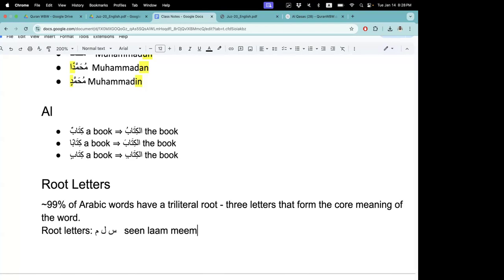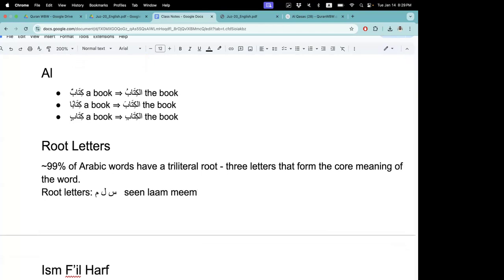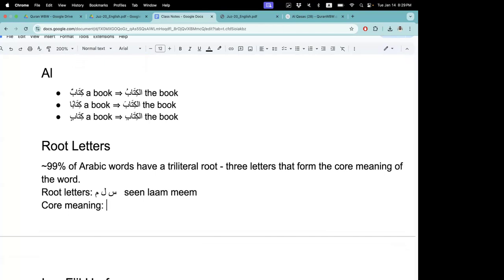When I talk about root, I'm talking about the individual letters. What do I get from this? The core meaning is peace, security, and safety. These are the core meanings of these 3 letters. These 3 letters don't only correspond to 3 meanings. I'm just sharing this as an approximation.